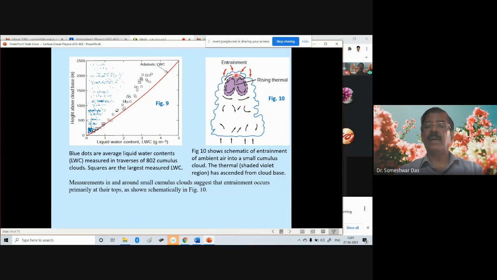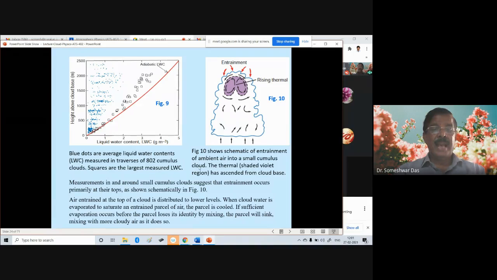But when the cloud is matured, like a full-blown cumulonimbus cloud, entrained air at the top of the cloud is distributed to lower levels. Once it is entrained, the surrounding air is mixed with the cloud air, and then it is brought down to lower levels.